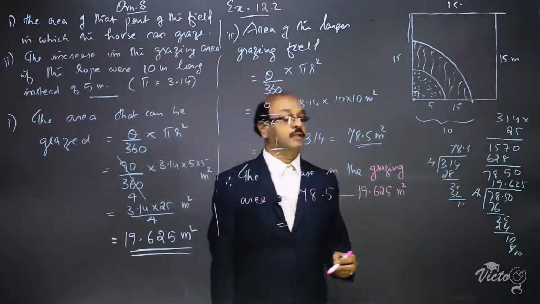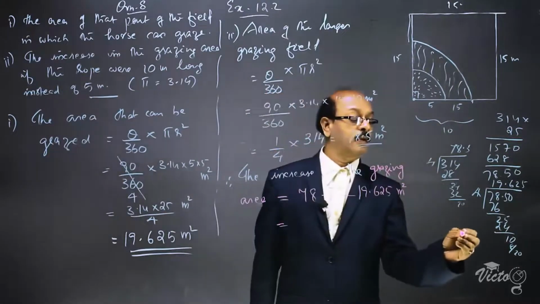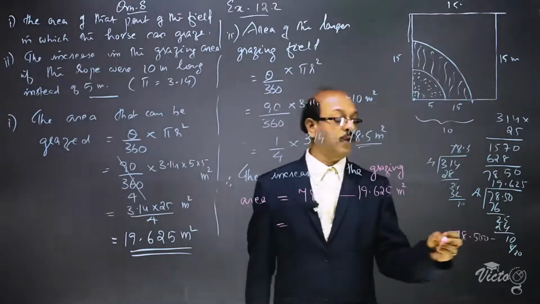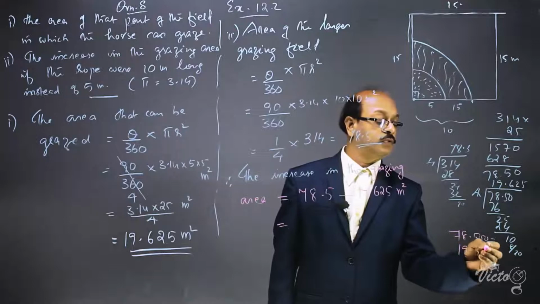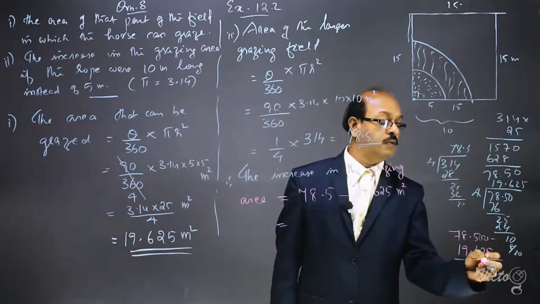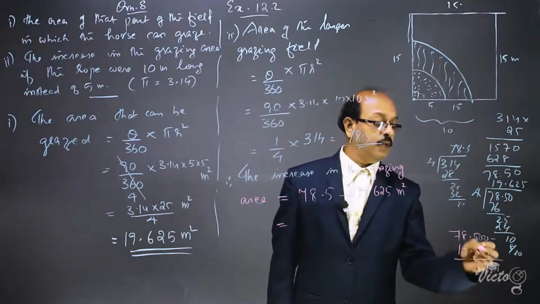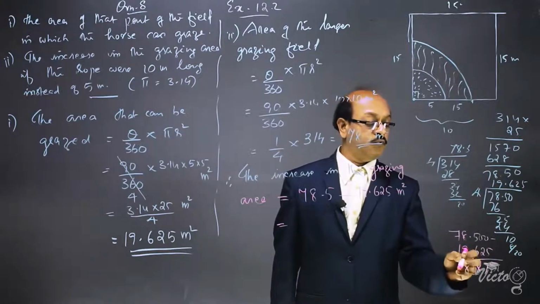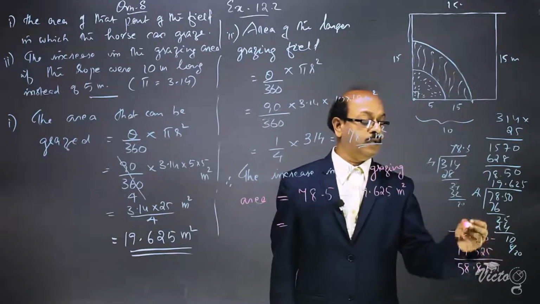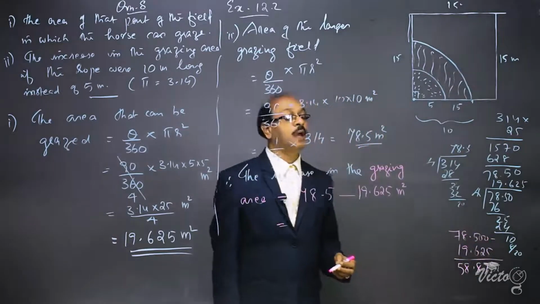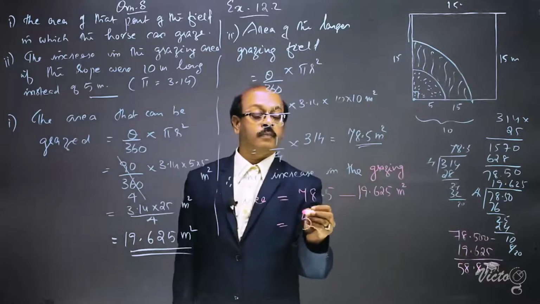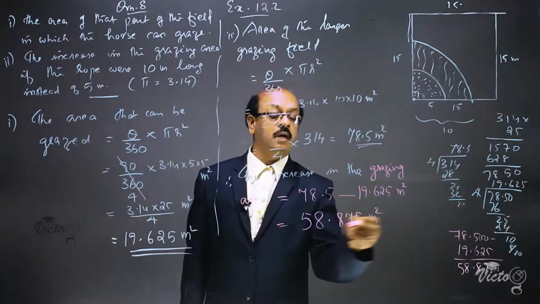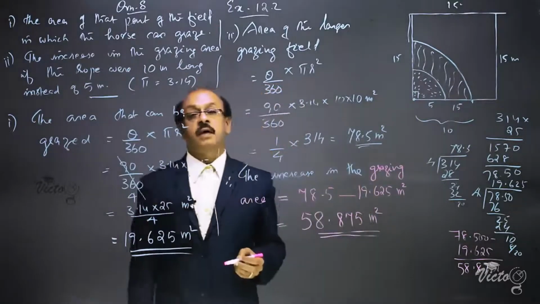Now we have to subtract: 78.500 minus 19.625, subtracting, it is 5, 7, 8. Here it is 17 minus 9, 8, 6 minus 1, 5, 10, 10, 15, 18, 7, so 58.875 meter square is the increase in the grazing area.